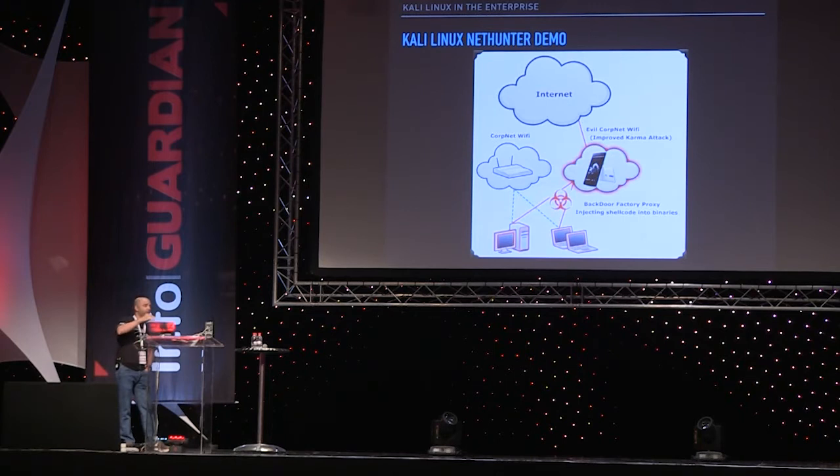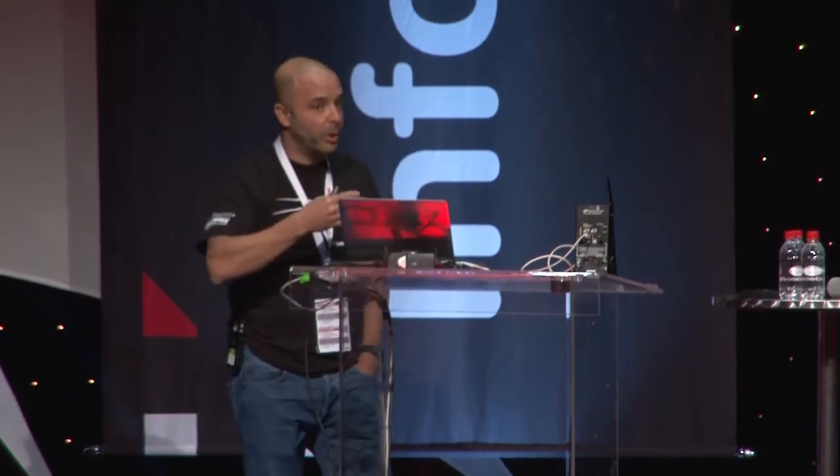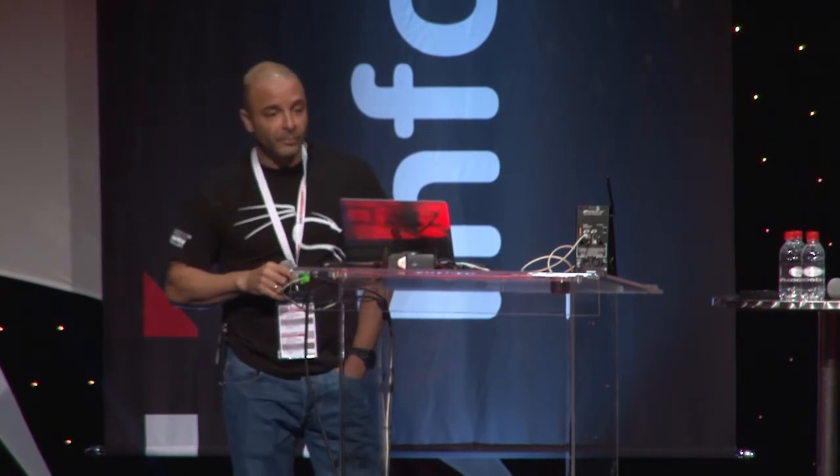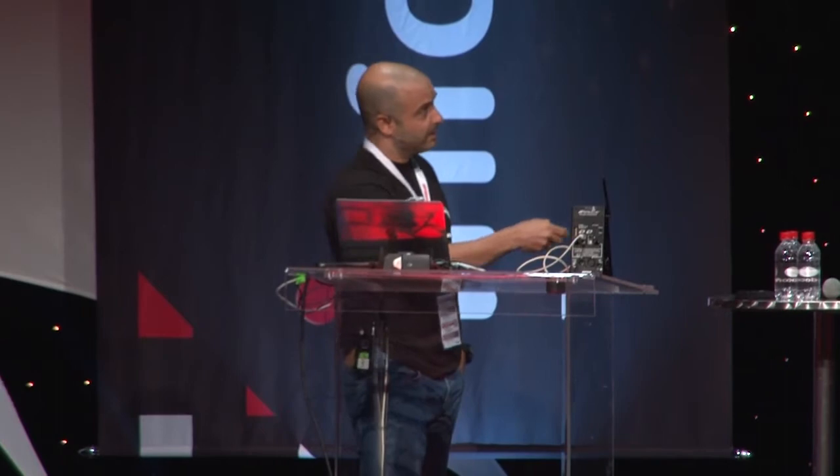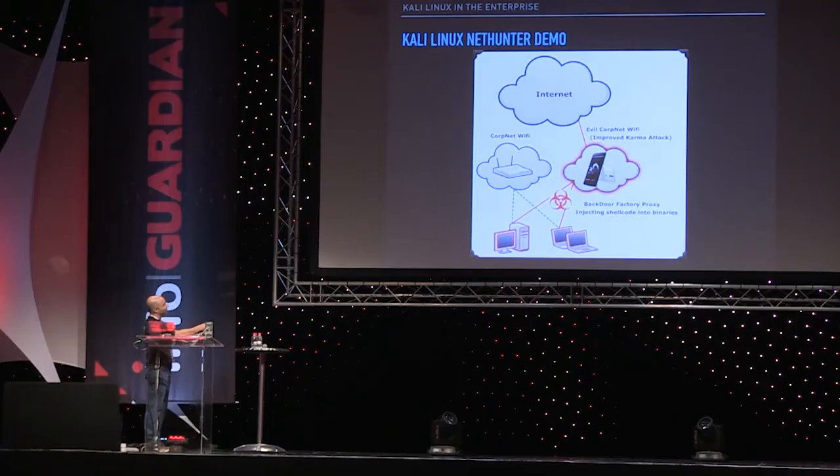And what happened was that the organization wanted to see what type of damage was possible to the organization and what tool sets and skills were required to perform this attack. And then the following demo ensued. So just a quick explanation. We've got the corporate machines and corporate laptops here, usually connecting to the corporate Wi-Fi, which then goes out to the internet.